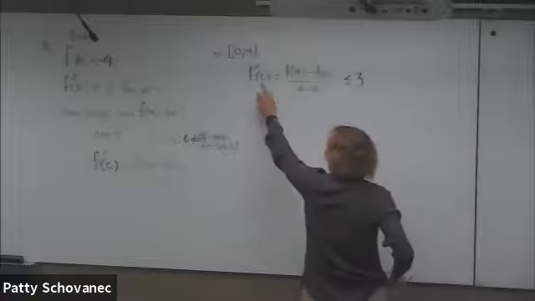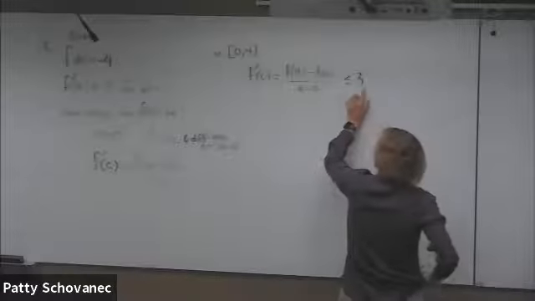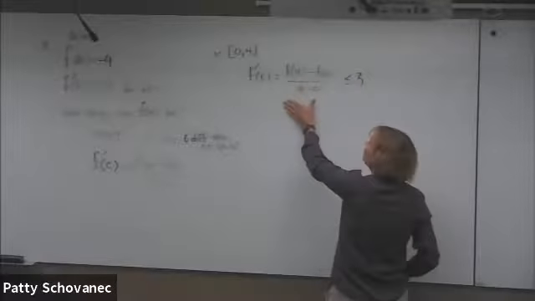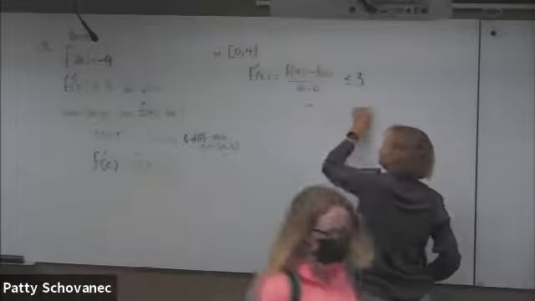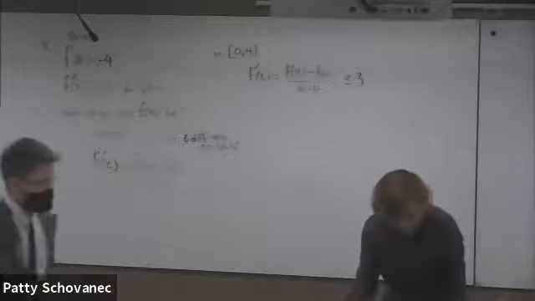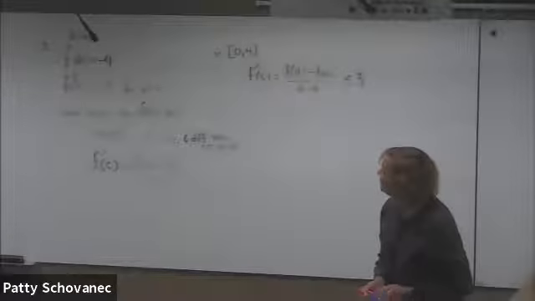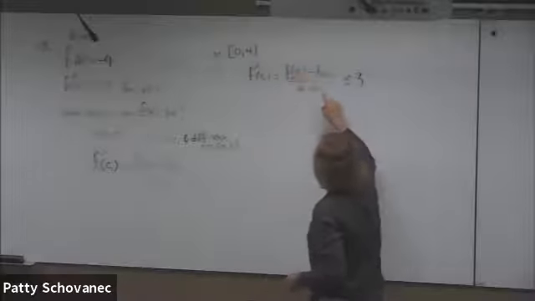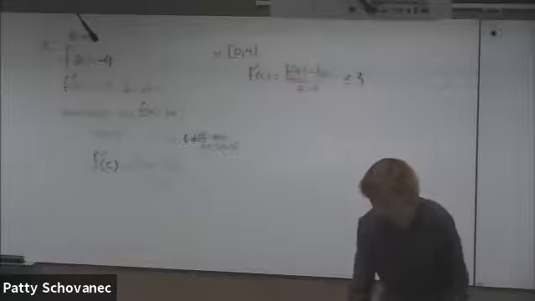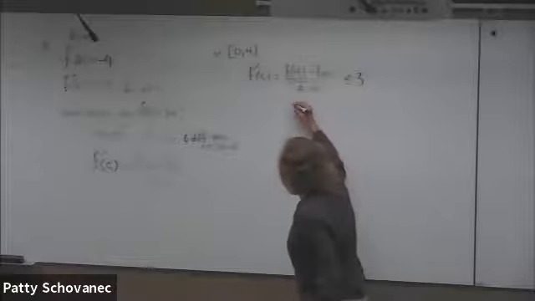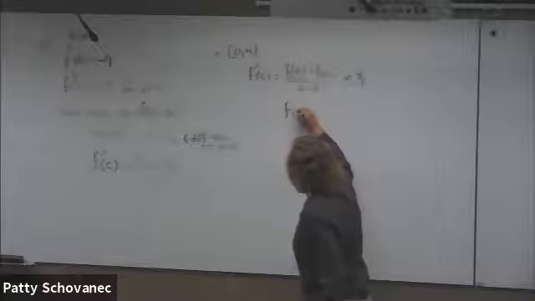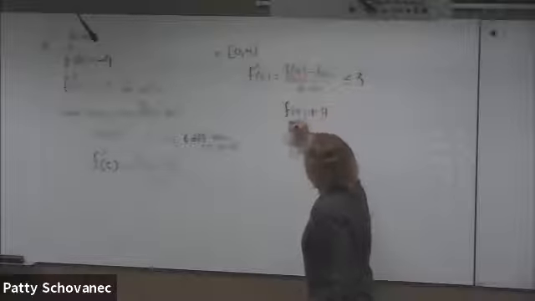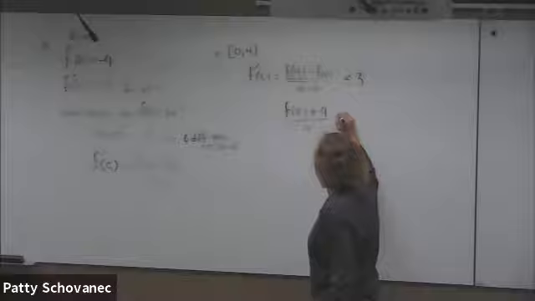I know f prime for any x is smaller than 3, so I know that this has to be less than or equal to 3. So we're going to take this thing and solve it for f of 4. You know, f of 0 is -4, so let's fill that in. We have f of 4 minus the -4 divided by the 4 here.